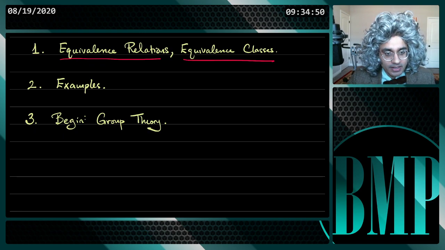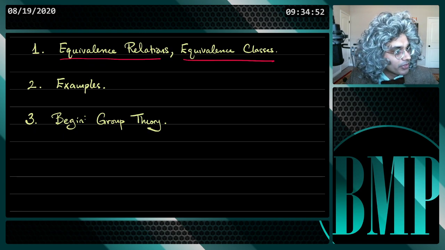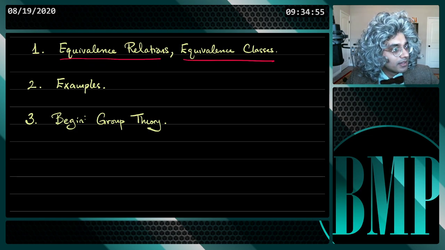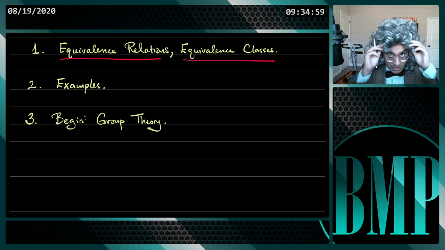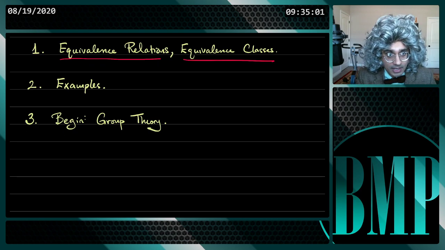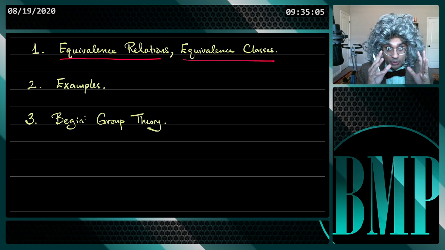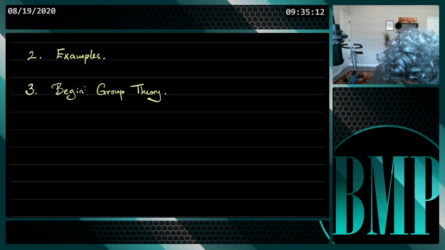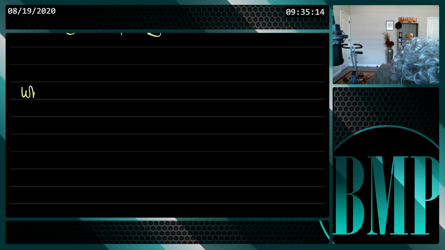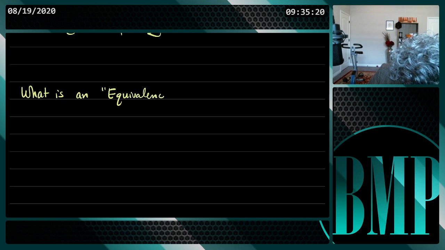And once we are comfortable with that, then we will proceed with the main first topic, group theory. Okay, that's exciting. So first topic, let's do this. What the heck is an equivalence relation? What is the concept of an equivalence relation?